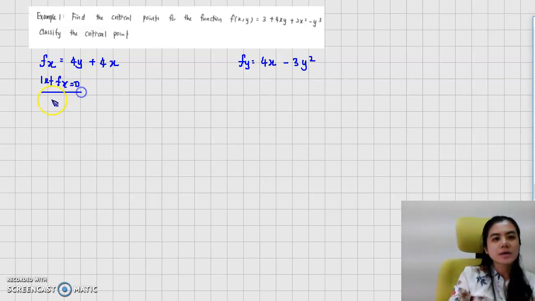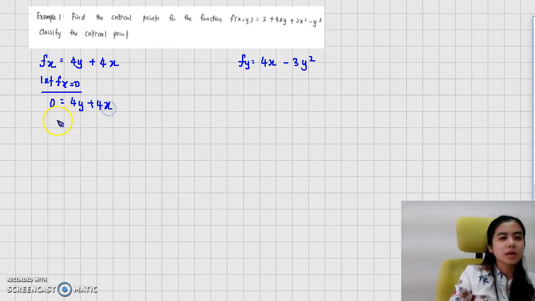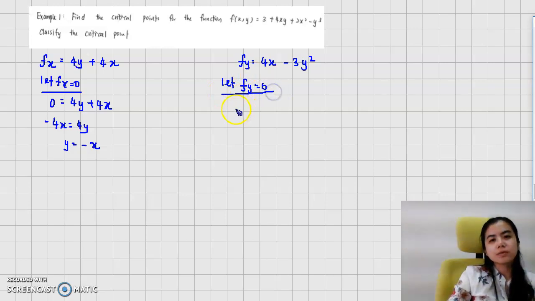You will have 0 equal to 4y plus 4x. So we will have minus 4x equal to 4y, and y is basically equal to minus x. And how about this? You let fy equal to 0. So you have 0 equal to 4x minus 3y squared.